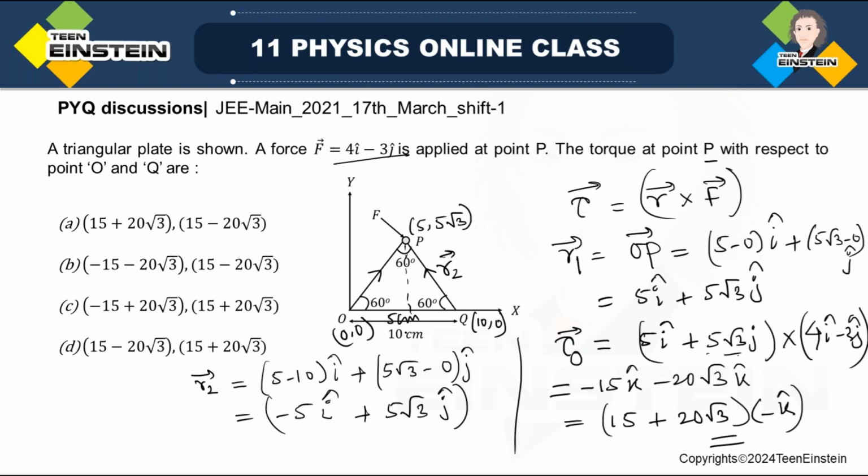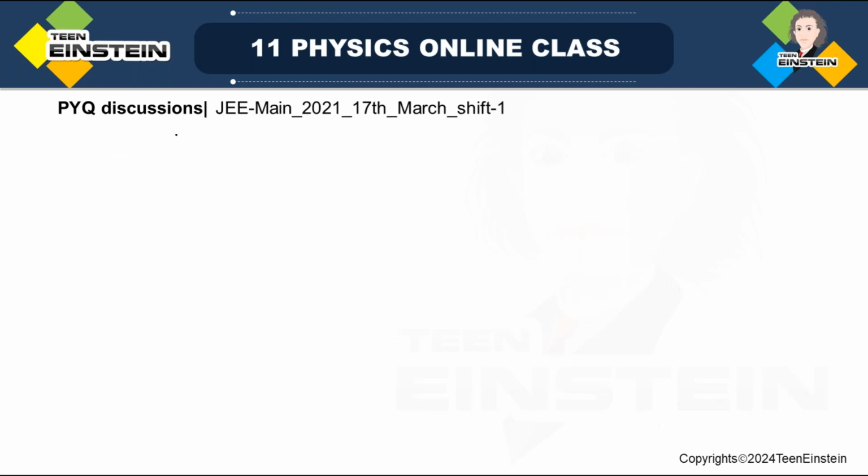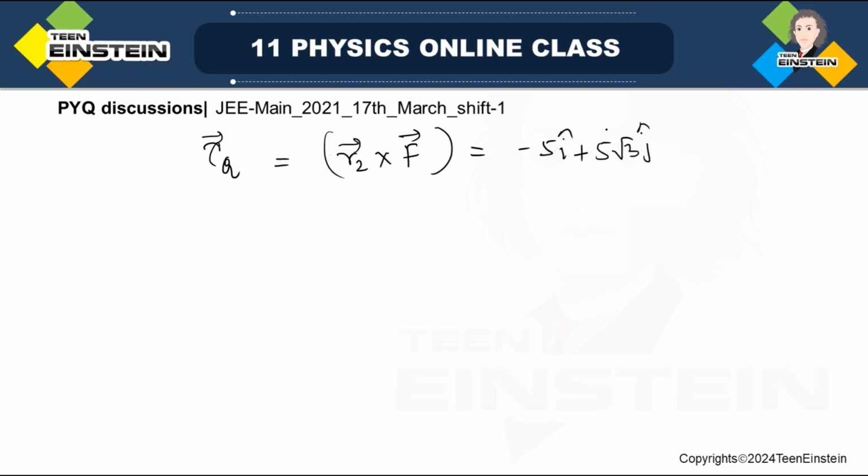Now let us find out the torque with respect to Q, that is r2 cross F. We have found r2 as minus 5 i cap plus 5 root 3 j cap, which I have to multiply with 4 i cap minus 3 j cap.